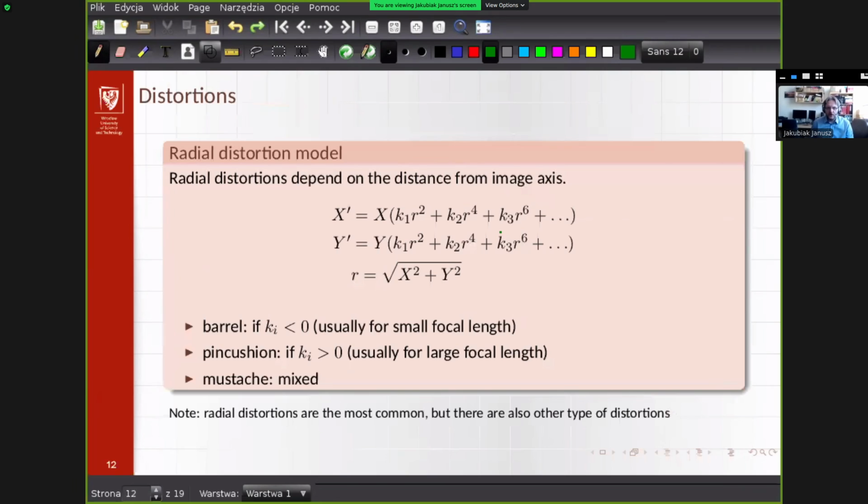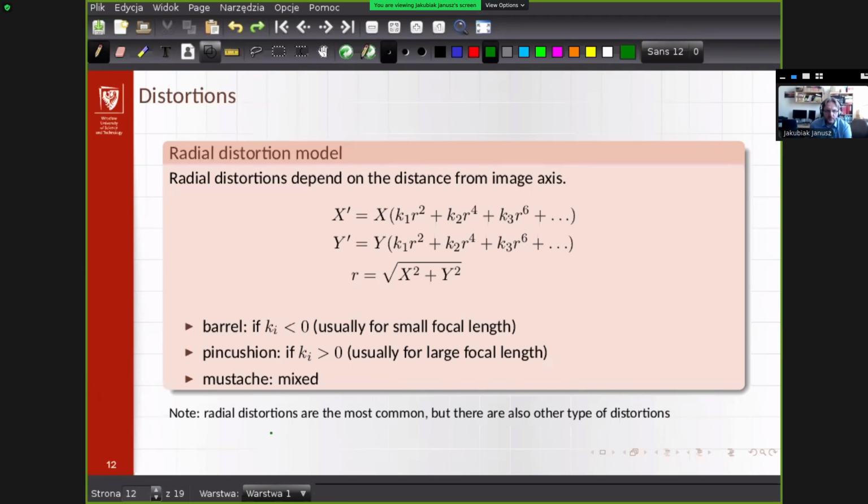But if you have a smooth zoom on the range, these parameters will change, and then the corrections become more difficult. Probably you can do it for certain values of the focal length and then approximate the other parameters between them. Okay, so that's the way of dealing with the distortions.